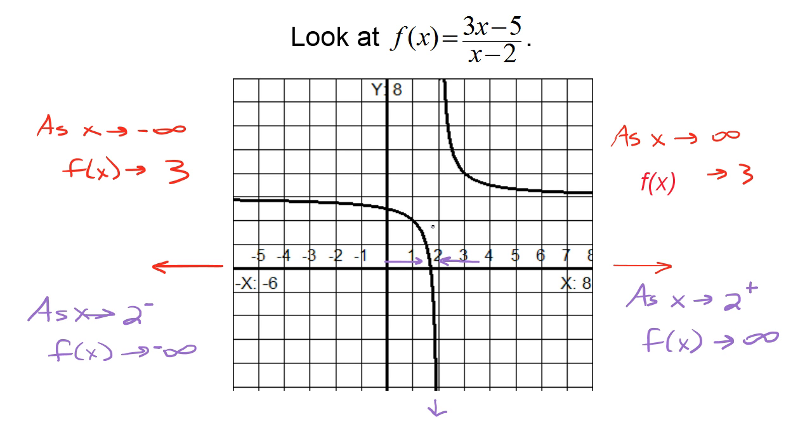So you can look at the values of your y, which are your f of x values, your function values, as x either gets very large in the positive sense or very large in the negative sense. And then you can see that sometimes your graph will shoot off to positive infinity or negative infinity as x approaches another number on your graph.